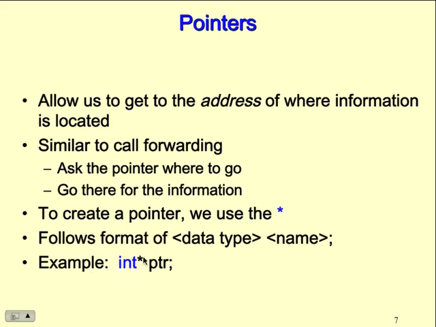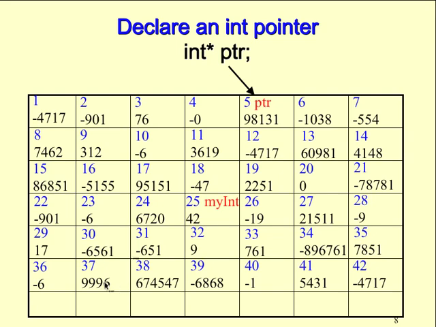It follows the format of the data type and the name. An example, integer asterisk ptr, which created a variable called ptr, and it's a pointer type, holding enough space to be allocated for an integer. That we've seen so far in a couple of the examples I've given you. So now when we declare an integer pointer, it called this space ptr.